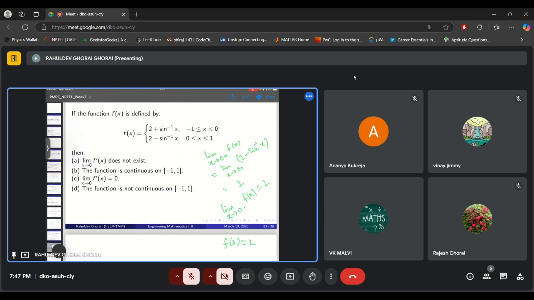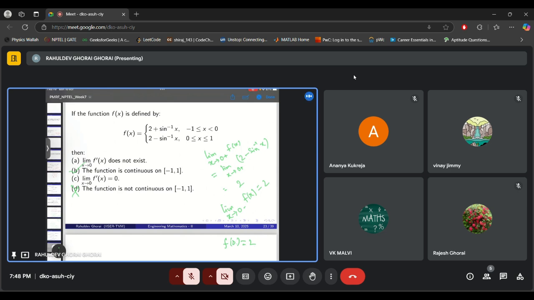So the function is completing all those properties, so f(x) will be continuous. So option b is correct, option d is not correct. That's all we know till now.